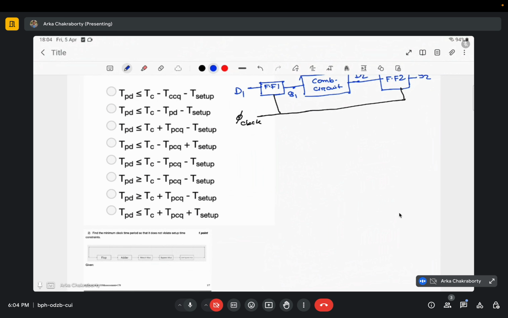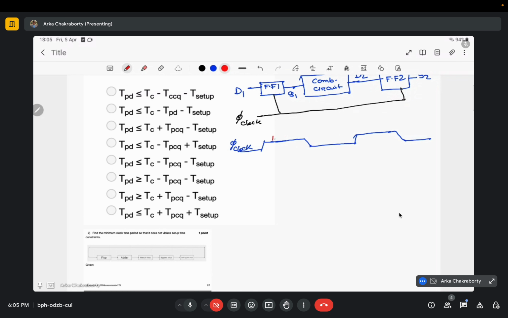So now let us draw all the plots. It is my phi clock, first clock, second clock, and so on.